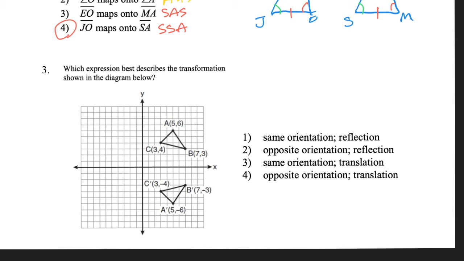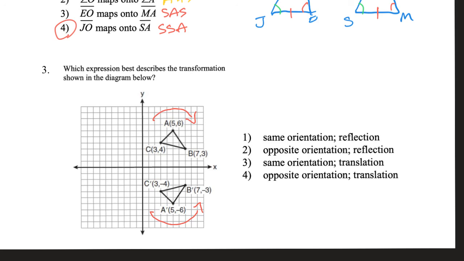Which expression best describes the transformation shown in the diagram below? Okay, so the first thing I always do is to check orientation. That's what I always do. So I got a triangle ABC going in a clockwise fashion, and then A prime, B prime, C prime down here is going in a counterclockwise orientation.